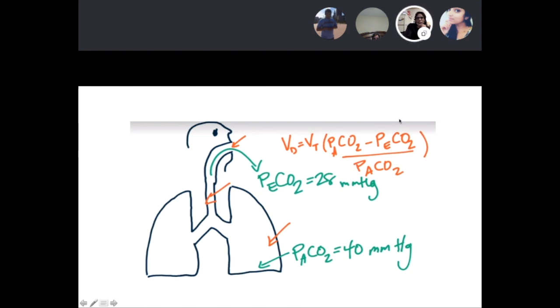And this fraction here specifically allows us to determine how much air or gas has actually made it to the alveoli. So if we went ahead and applied the equation here, we can say the PACO is 40 minus the PICO, which is 28, over the PACO. So this gives us 0.3, which is equivalent to 30%.